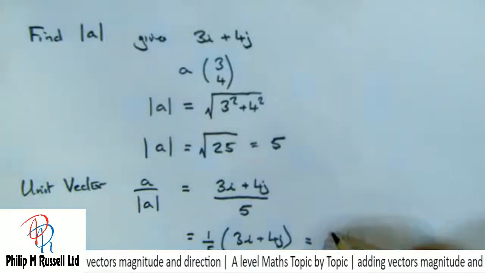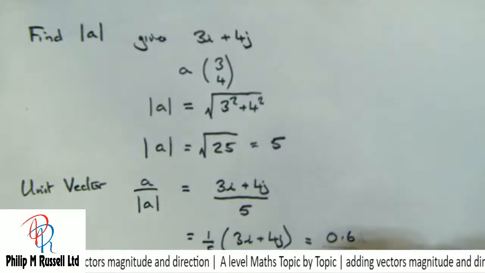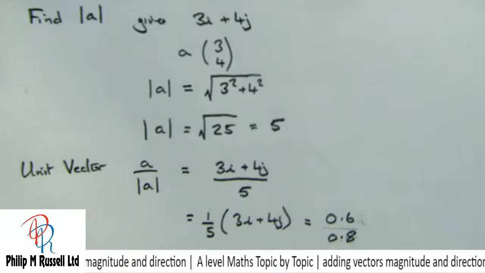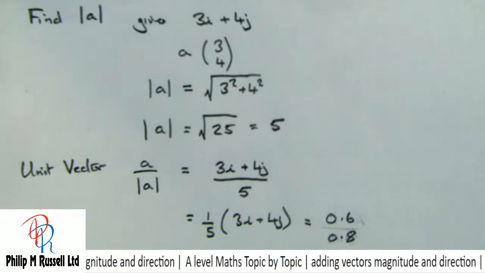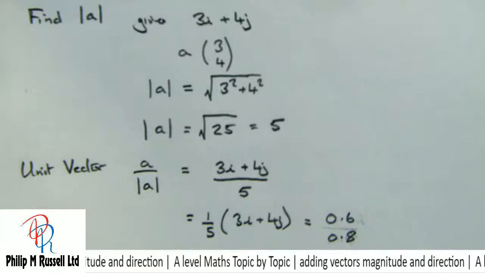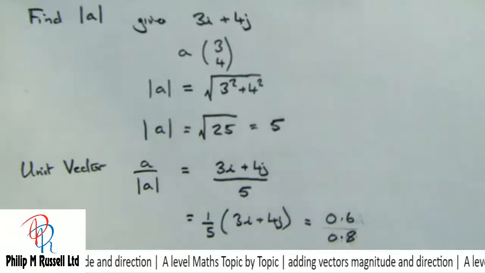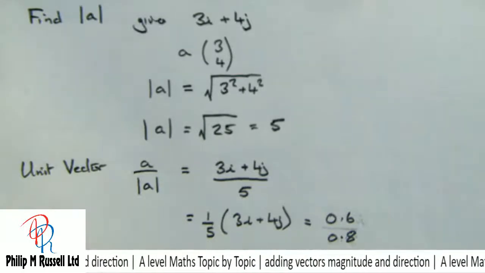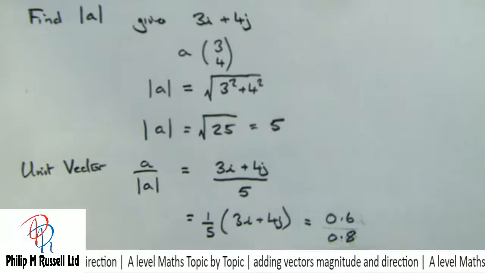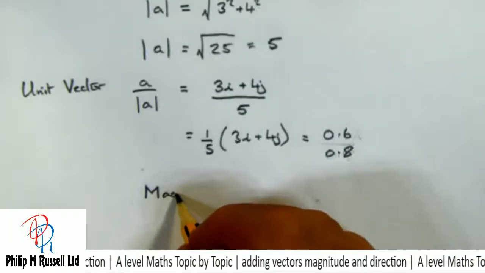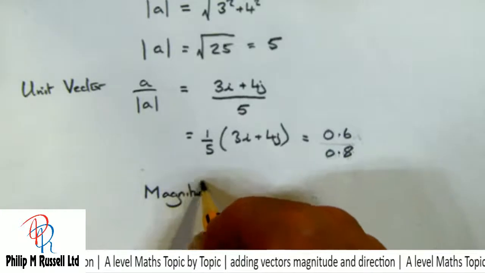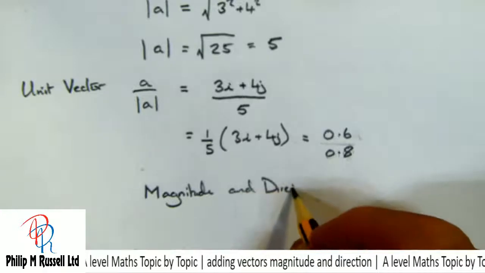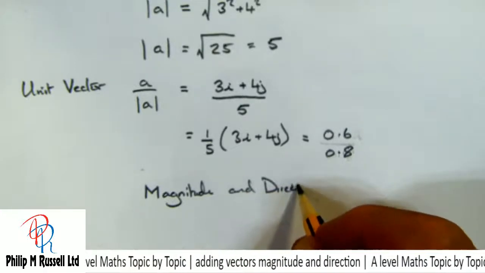I've done vectors for years, and unfortunately in all that time I still keep putting the line in there without thinking. So we can work out a simple unit vector. So this is basically our magnitude and direction form.